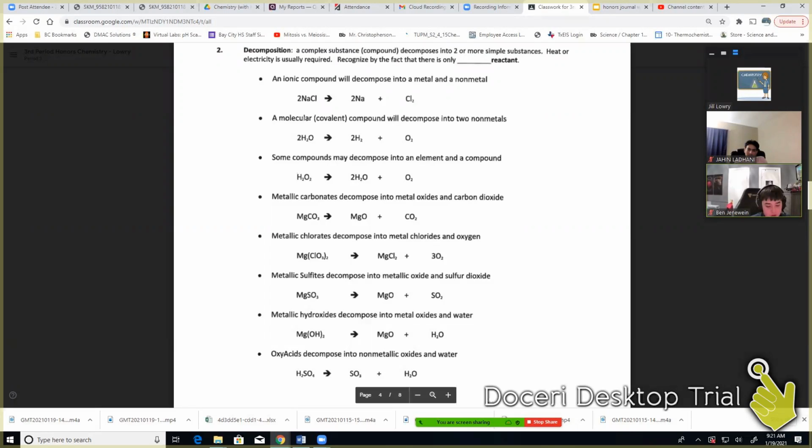And we can recognize the fact that it is a decomposition because it has just one reactant. So when you're given a list of reactions, especially if you're given just the reactants, this is probably the easiest one because you're going to always start, you can see, with just one reactant.